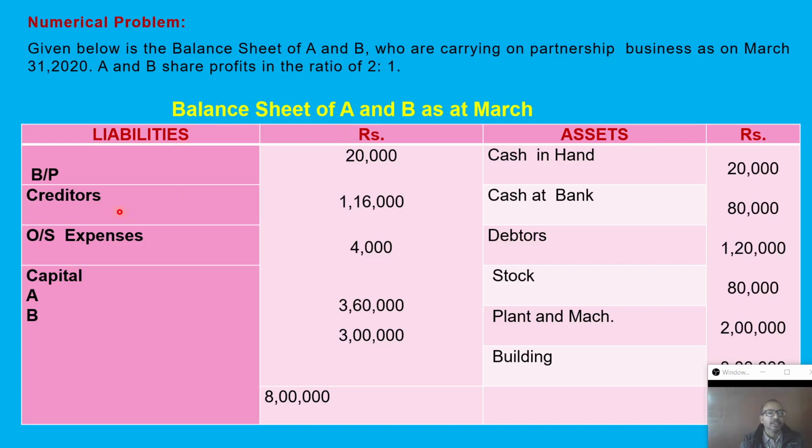The liability side: bills payable 20,000, creditors 1,16,000, outstanding expenses 4,000, capital of A and B 3,60,000 and 3 lakh. The total of the liability side is 8 lakh. In the same way on the asset side: cash in hand 20,000, cash at bank 80,000, debtors 1,20,000, stock 80,000, plant and machinery 20,000, and building 3 lakh.